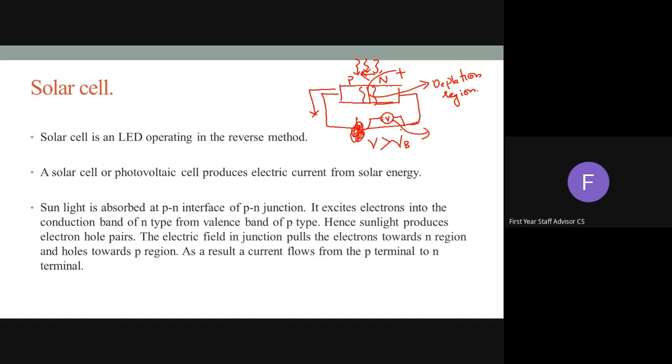That means the energy from the photon is transferred to the electron in order to excite it from the valence band to the conduction band. A large number of electron hole pairs are produced, and it gives rise to a current, which can be measured using a microammeter, and the potential or EMF produced can be measured using a voltmeter.